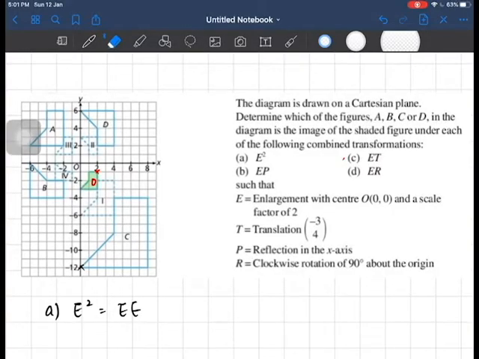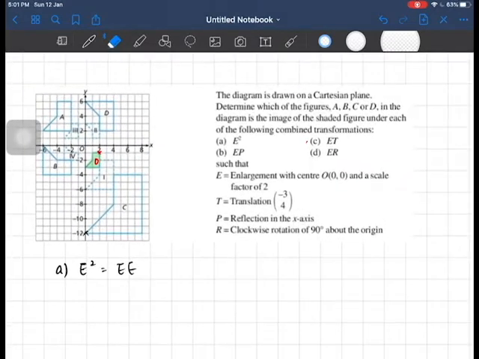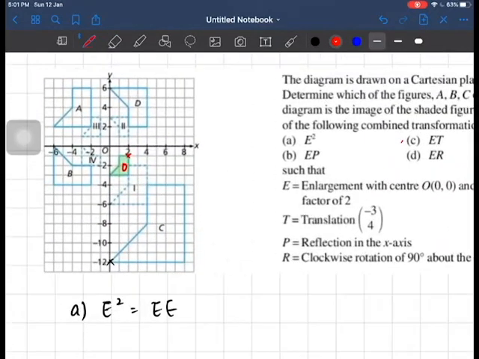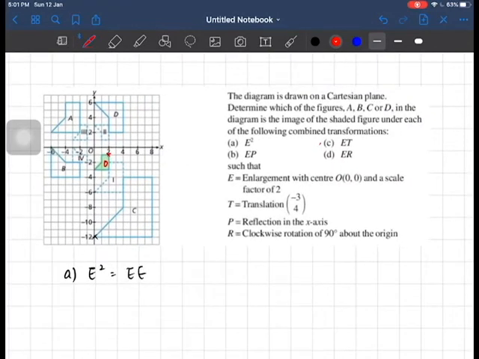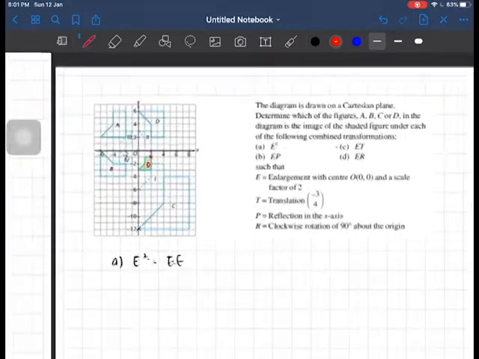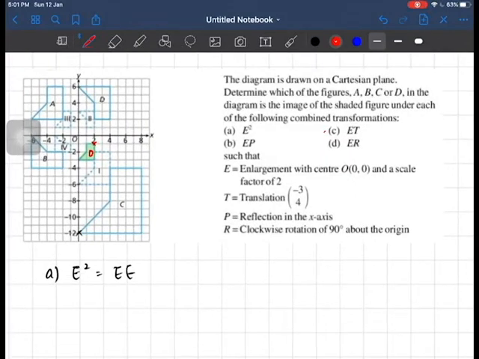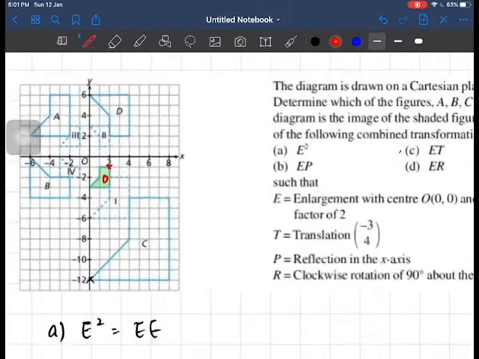Okay, so we'll continue with enlargement. So here's my object, the green color, and then the question wants E squared. So it's EE, right? And EE is enlargement with center at the origin and a scale factor of 2.